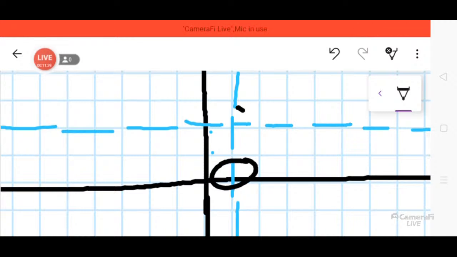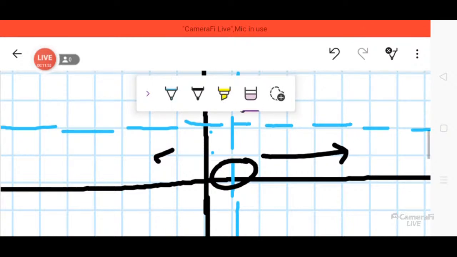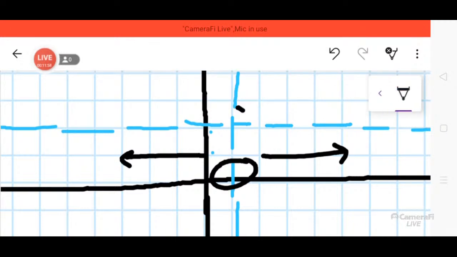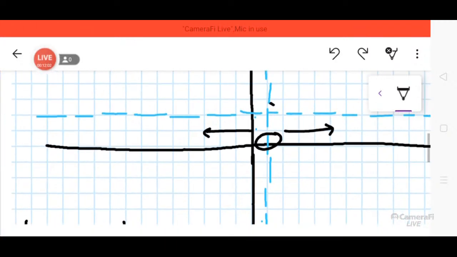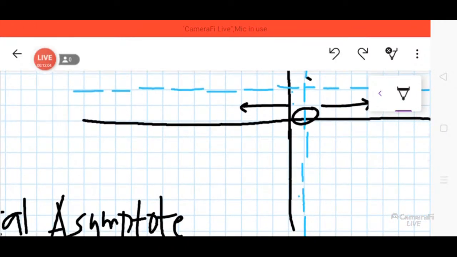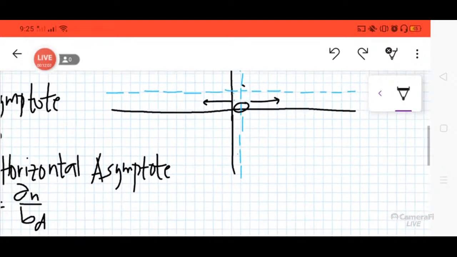This is our vertical asymptote. So you have to take at least 3 numbers going to the left and 3 numbers going to the right, starting from this one, except 1, because the corresponding value of 1 is still undefined.